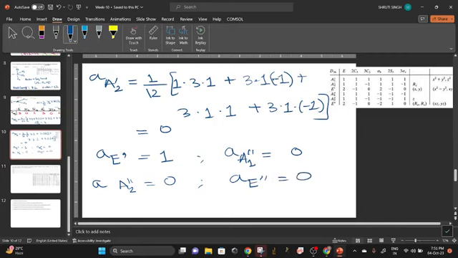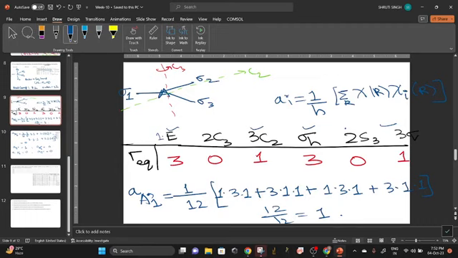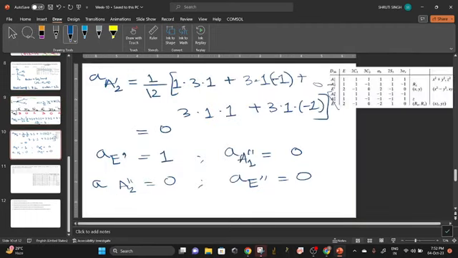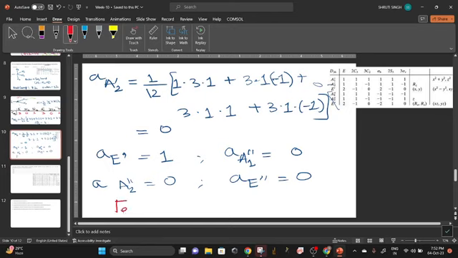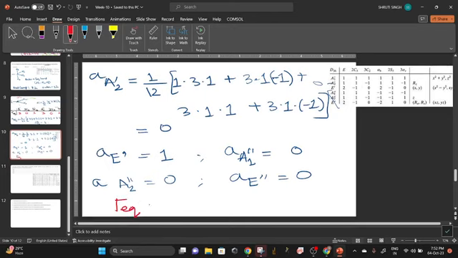So these three are 0, and we have 1 contribution each for A1 dash and E dash. So what was our basis? Equatorial bonds, right? So here this gamma equatorial, which was reducible, has contributions from A1 dash plus E dash.